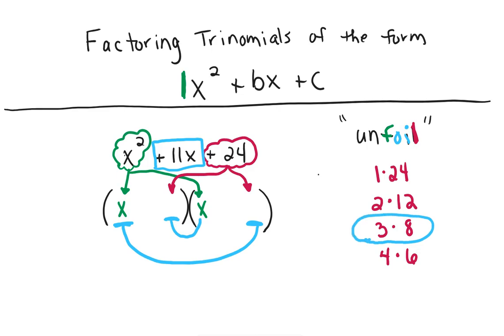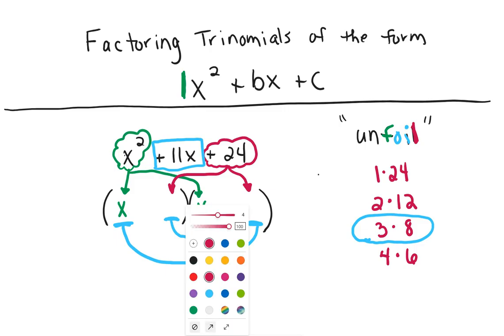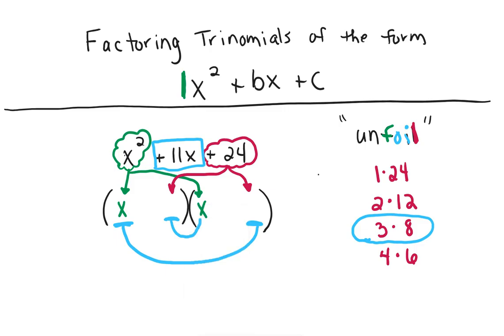Now, things I have to think about: the 24 was a positive 24. So in order for last times last to be a positive, it either has to be a positive times a positive or a negative times a negative.